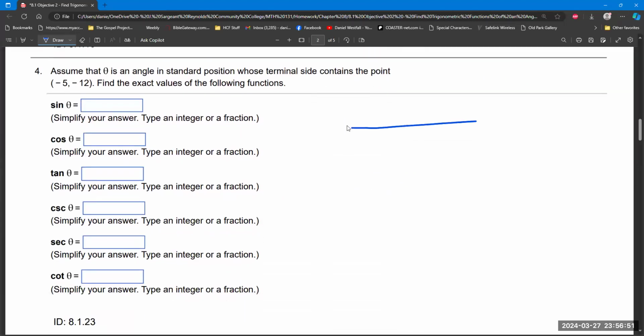Now we have a negative, negative, so we're in quadrant 3. X is negative 5, Y is negative 12. This is a 5, 12, 13 right triangle. Sine of the angle is going to be negative 12 over 13. Cosine is going to be negative 5 over 13.